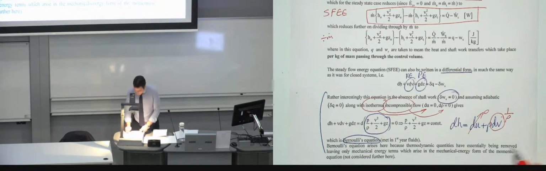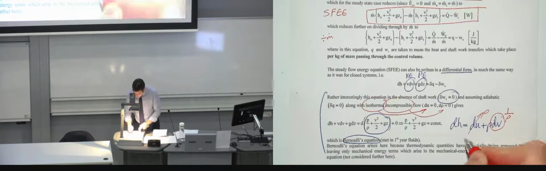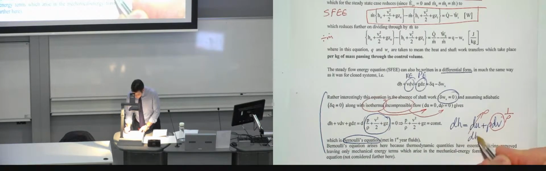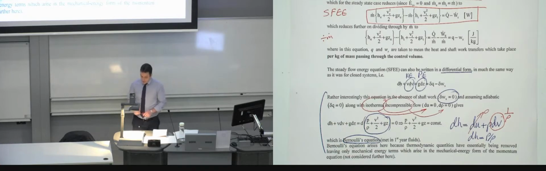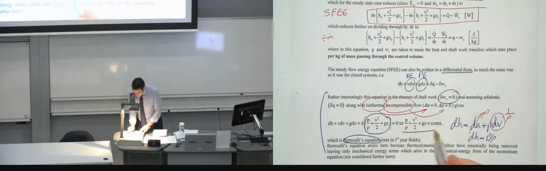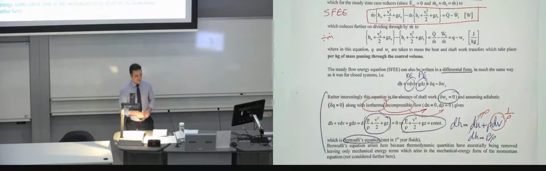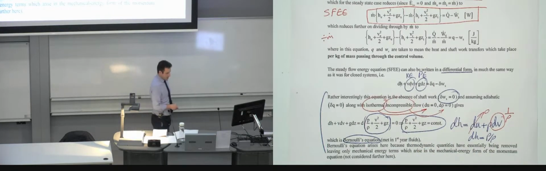And by doing that, essentially you're going to have dH is equal to p over rho. And if you put that in here, then you end up with a very familiar equation, what we know as Bernoulli's equation.